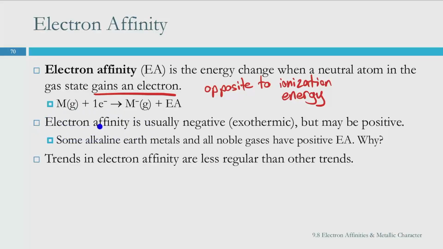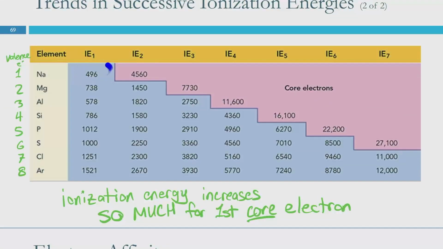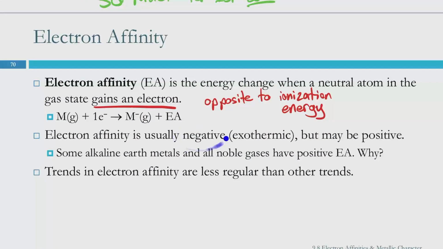Electron affinity is usually negative. So for ionization energy, these numbers are all positive. You have to put energy in to remove the electron. Electron affinity is usually negative. When you add an electron, you get energy out most of the time.